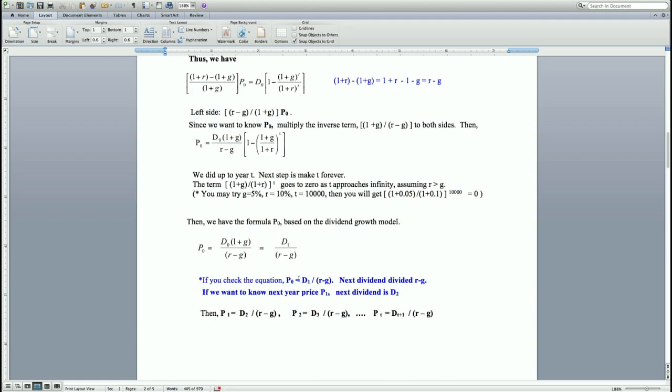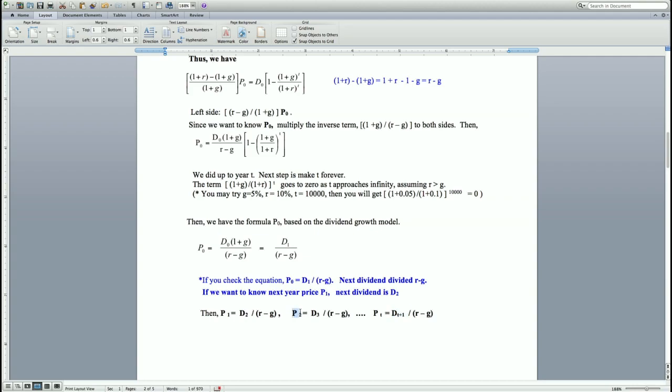So look at here. P0 is the next dividend over R minus G. Today's price at 0 uses D1. That means P1 uses D2, the next one. P2 uses D3. PT uses the next one, T plus 1. So P1 is D2 over R minus G. The only difference is D2, D3.